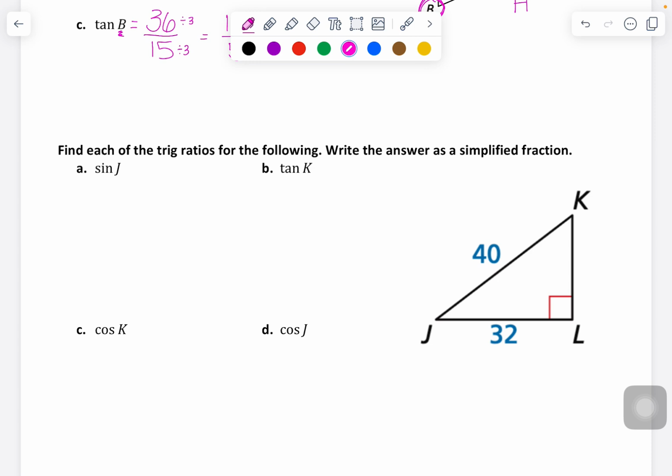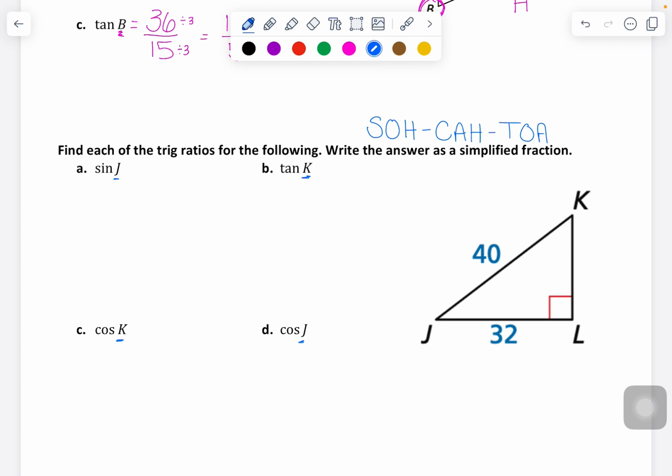First off, if you look at your trig ratios, it goes J, then K, then K, then J, which means when we do our ratios, our SOHCAHTOA, while the hypotenuse never changes, the opposite and the adjacent will. So you have to be careful on which angle it's focused in on.